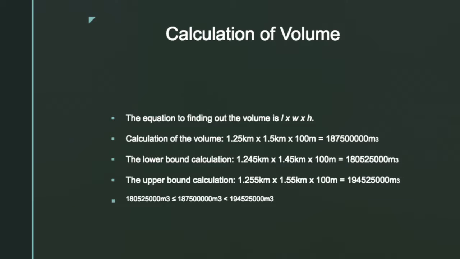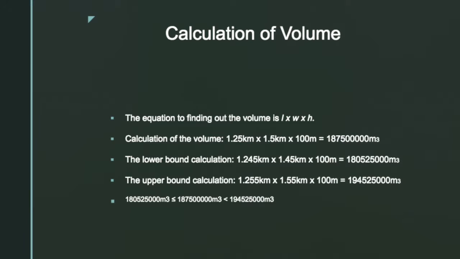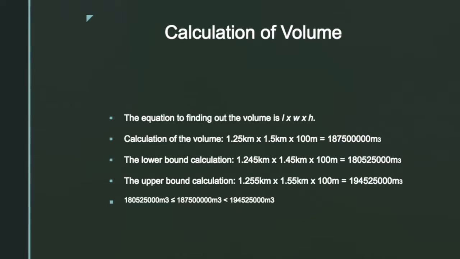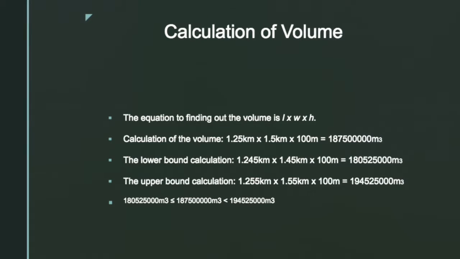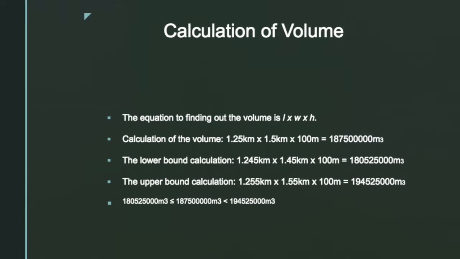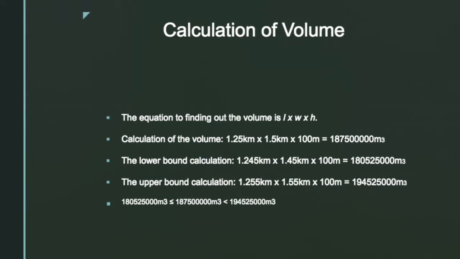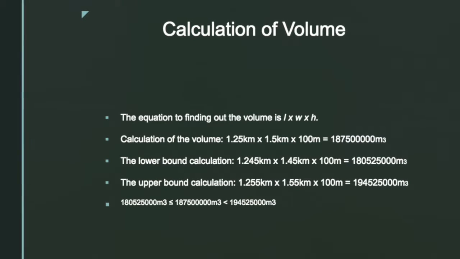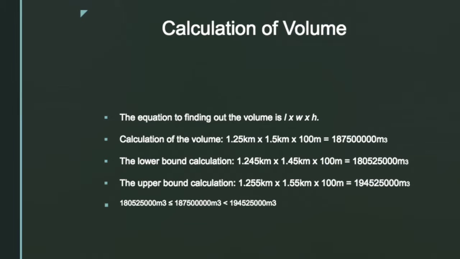The equation of finding out the volume is length times width times height. This means that the calculation of the volume would be 1.25 kilometers times 1.5 kilometers times 100 meters, which would give us 175,500,000 meters cubed.